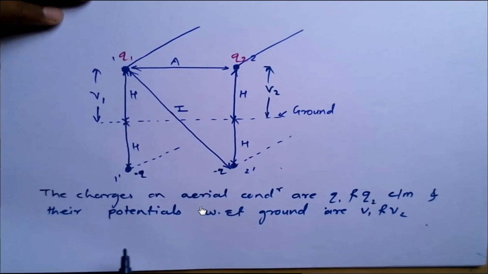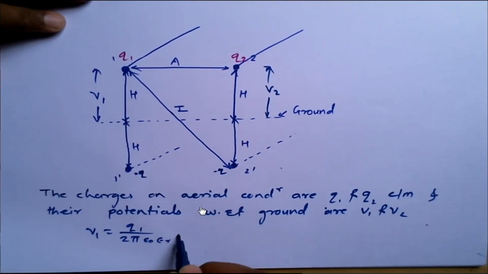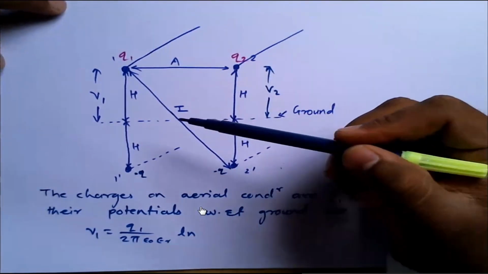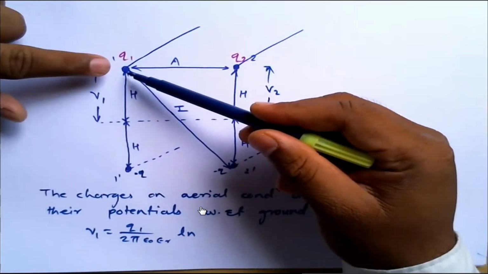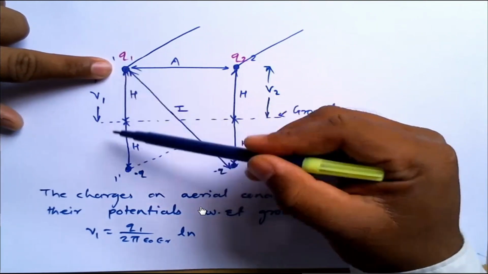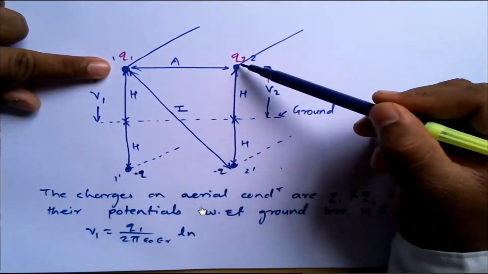So the equation for this potential, V1, is equal to Q1 upon 2 pi epsilon 0 epsilon r ln of. V1 means at this conductor the potential is due to its own charge as well as the image, plus the charges Q2.